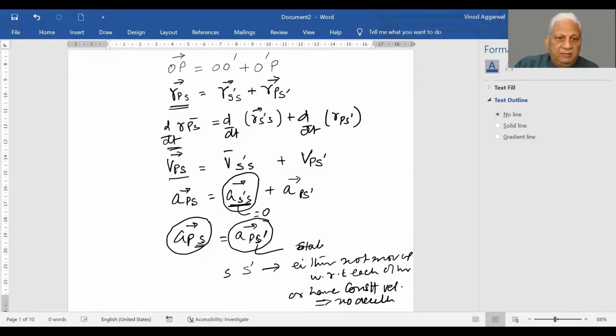Then it doesn't matter whether you observe a particle from one frame of reference or from another. But if there is a relative acceleration between the two frames, then these two accelerations will not be the same, right?